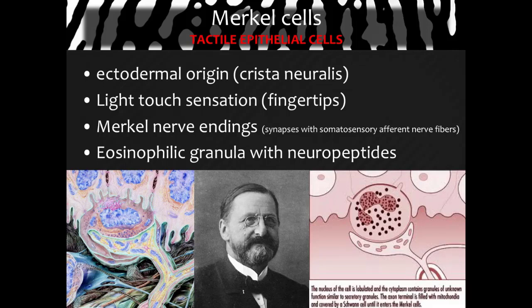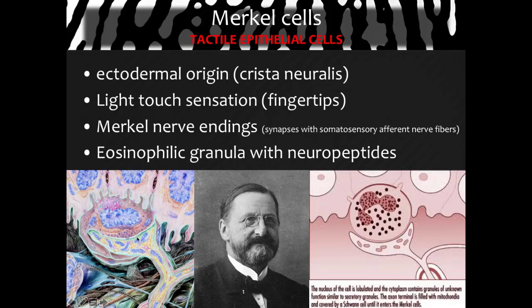They contain some kind of neurosecretory granules, and they can be located in a basal layer freely and dispersely, or they can be attached to a disc or a plate-like ending of the somatosensory afferent nerve fiber.